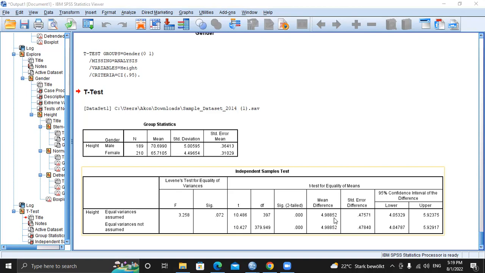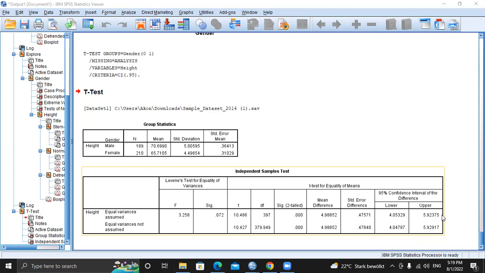It tells us that we have 95% confidence that the population mean difference for men and women is somewhere between 4 and 5, or in the confidence range of these values. That's what we are trying to establish. So we conclude that men are generally taller than women as shown by our results. So that's all the independent t-test seeks to achieve.